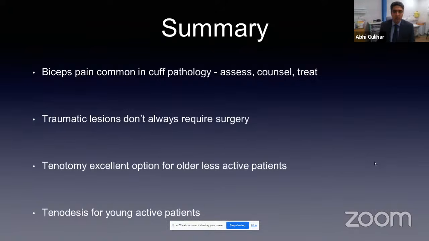They're often managed non-operatively. They do well sometimes without any treatment, and other times with maybe an injection and physiotherapy. Tenotomy is an excellent option for older, less active patients, but for younger, more active patients, tenodesis, again, a very good option. So whilst I conclude, I'll just run you through a couple of videos that show my surgical technique.